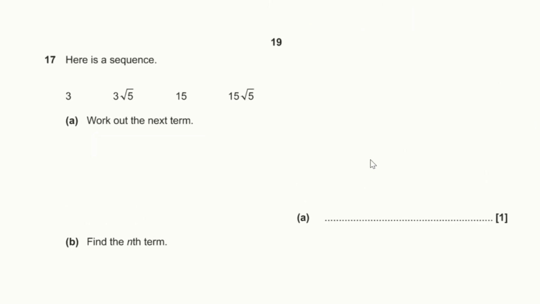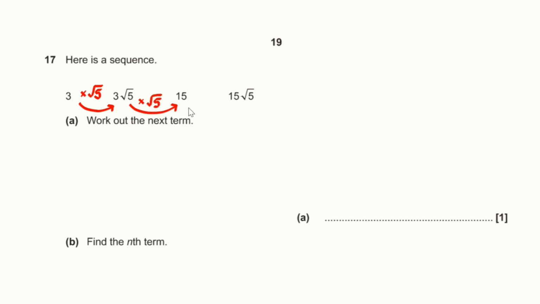Question number 17. Here is a sequence. We've got 3 root 5, 15, and 15 root 5. We have to work out the next term. Well, you'll notice to go from one term to the next, I multiply by root 5.